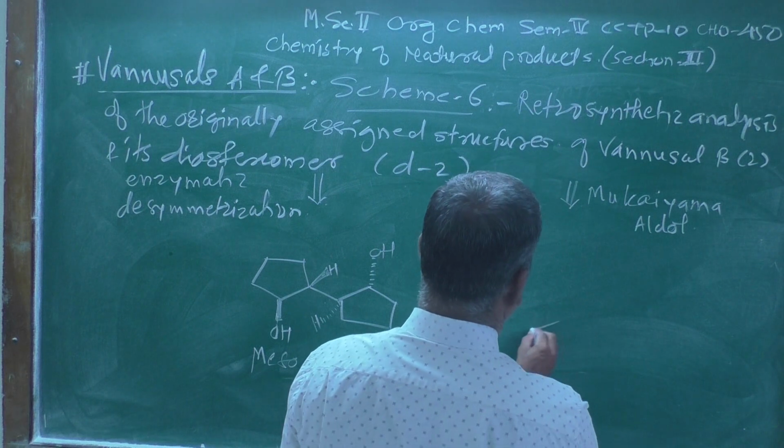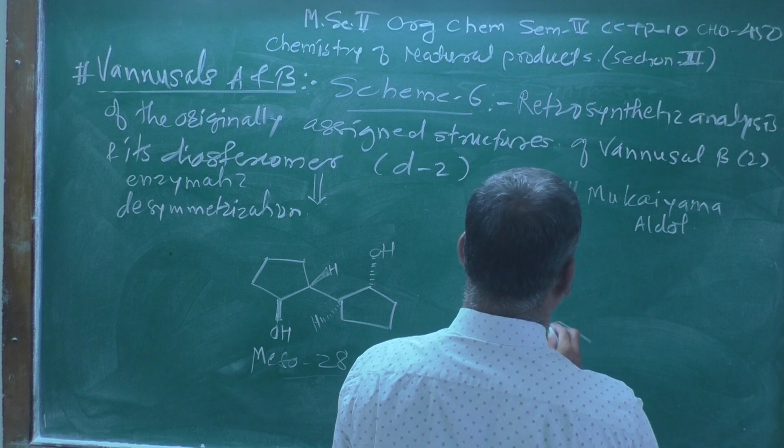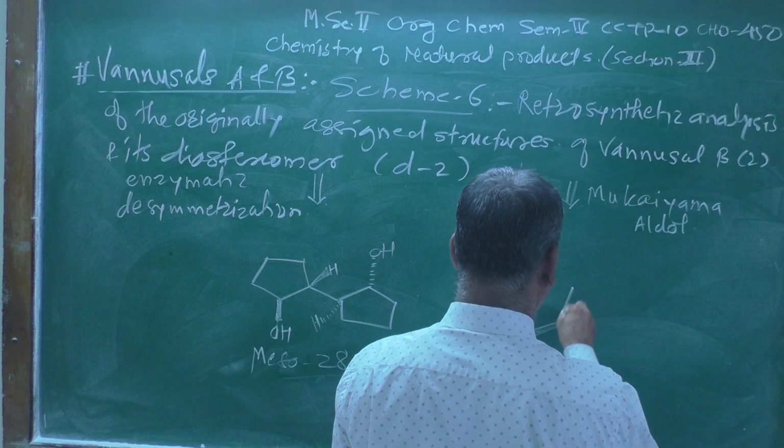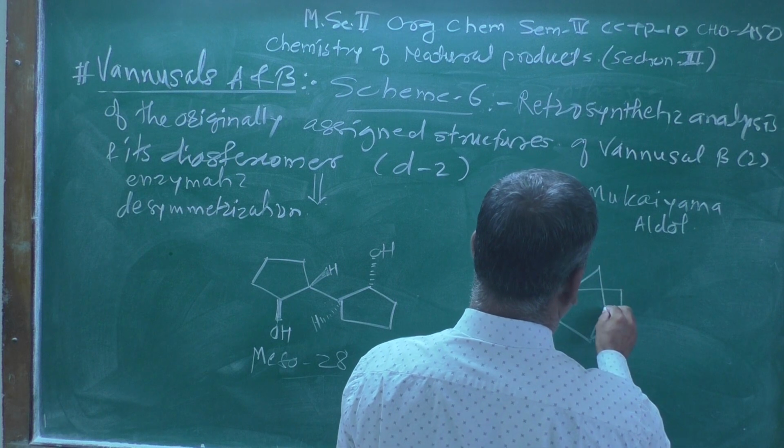So here is the structure which I am representing, see over here. Now here is a 5-member ring which I have shown like this.